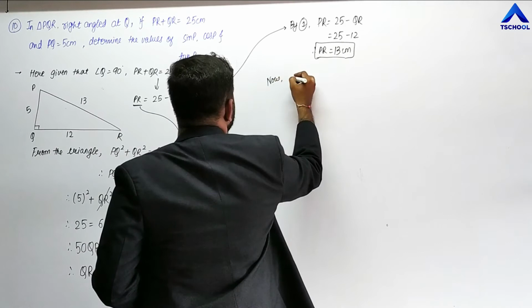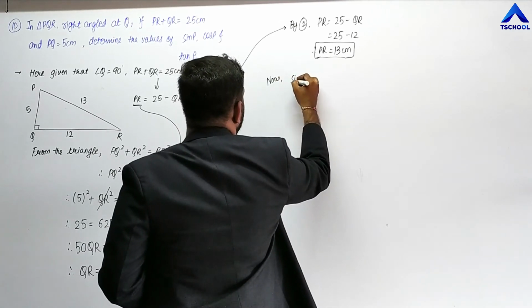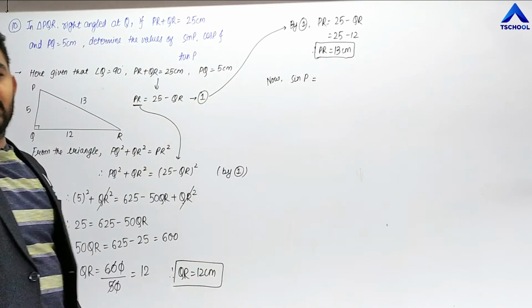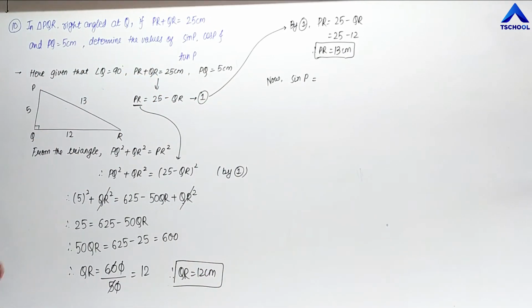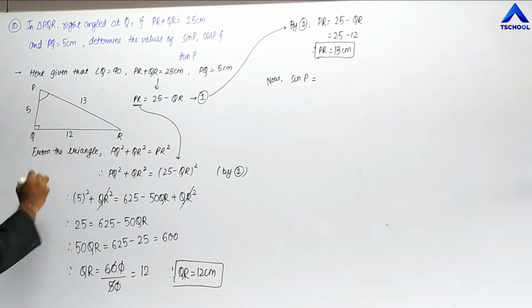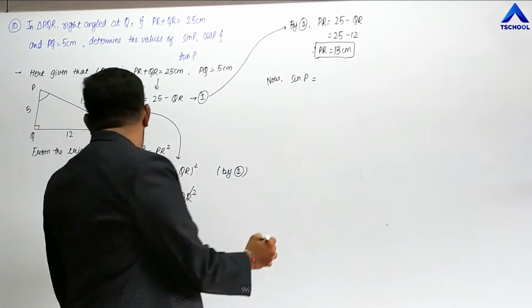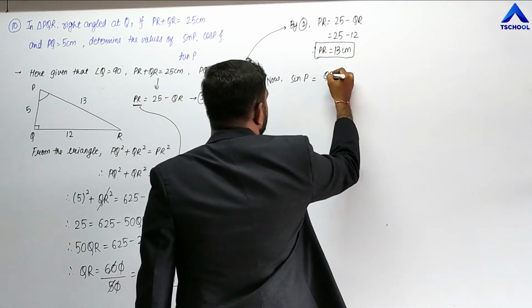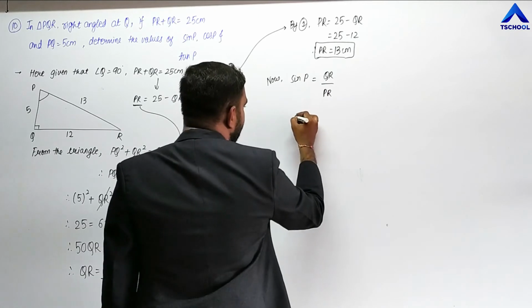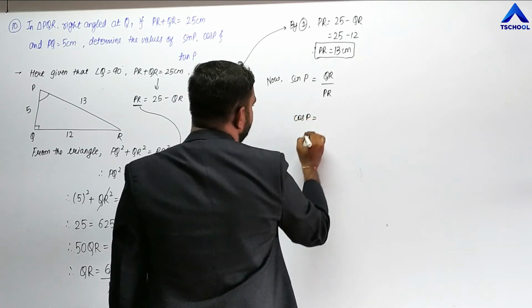Now sin P means side opposite to angle P divided by hypotenuse. This will be our reference angle now, and the side opposite to angle P is QR upon hypotenuse, that is PR. Similarly we can find out cos P also.